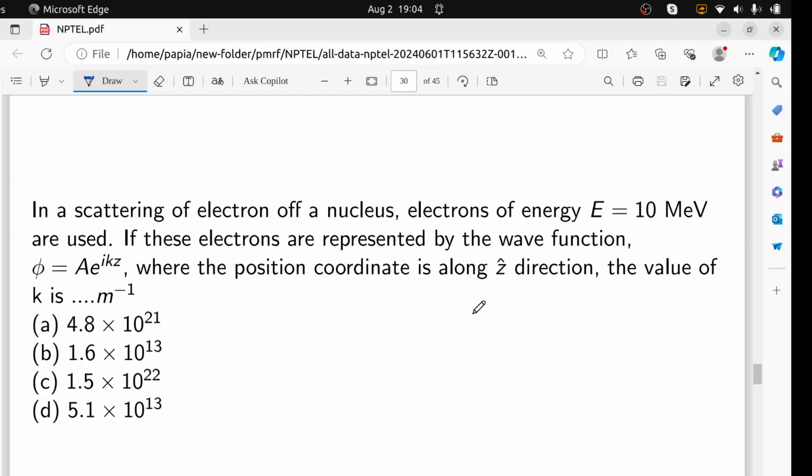Just see the unit here. Obviously the units are very important for physics calculations. The energy is given in MeV, but the answer they are asking for is in terms of meter inverse. So we have to be very careful about this.